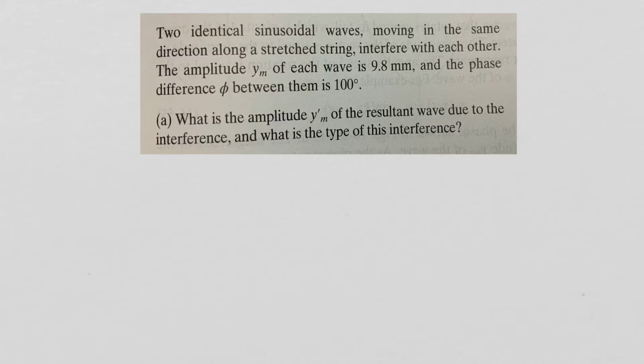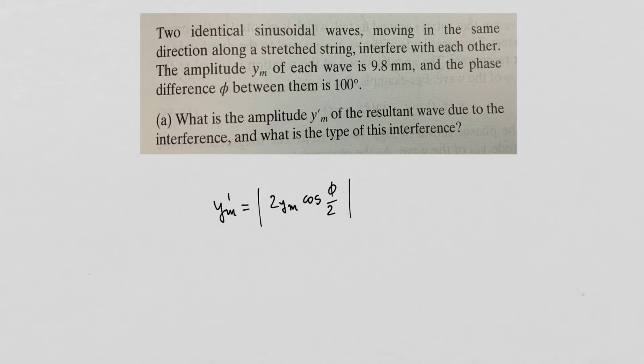Since we are looking for the amplitude of the resultant wave, I will apply the definition of amplitude of the resultant wave from the lecture, and that would be that ym prime is equal to the absolute value of twice ym times cosine of phi divided by 2.